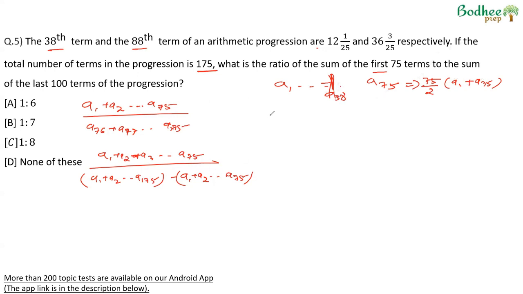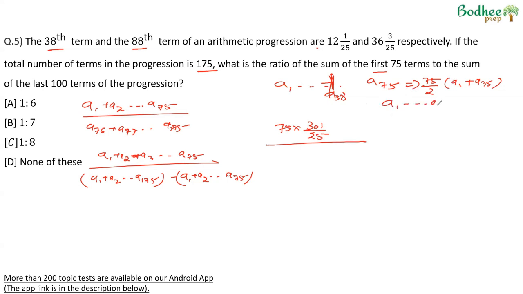And therefore, the sum of the first 75 terms will simply be 75 into A38, which is 12 by 25. Do we need to write this down? Calculate it. Okay, 12 into 25 will be 301. 301 upon 25.